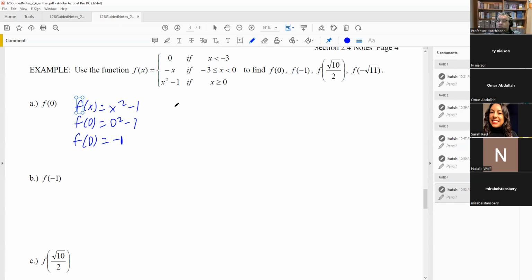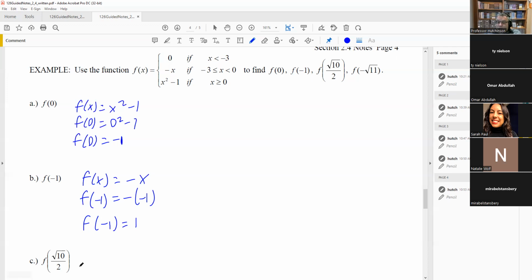So you want to use this. So I want to use f of x equals -x. Well, if I want to find f of -1, that means I have a negative here, and I'm putting a -1 in for x, so I get a double negative. So f of -1 is going to equal +1, and that's your answer for part B.